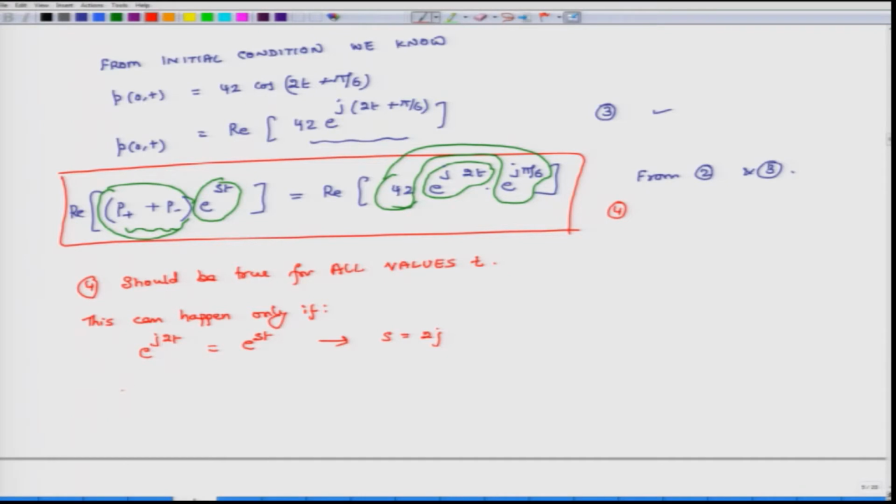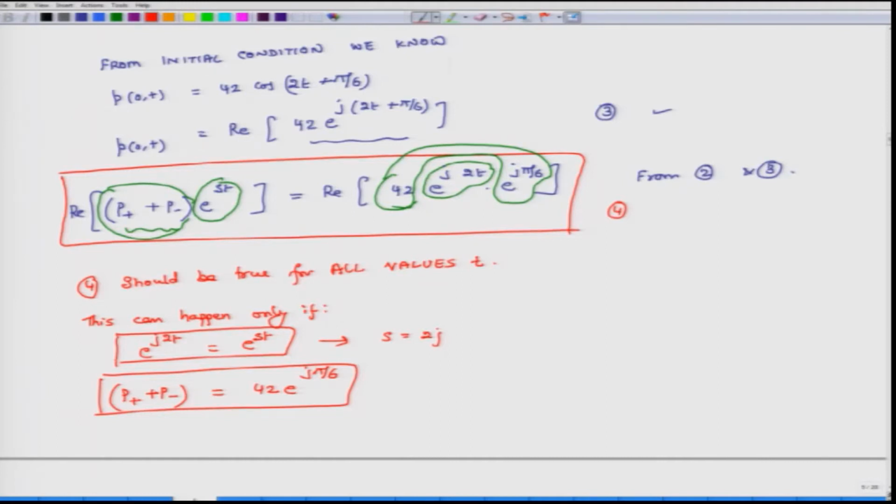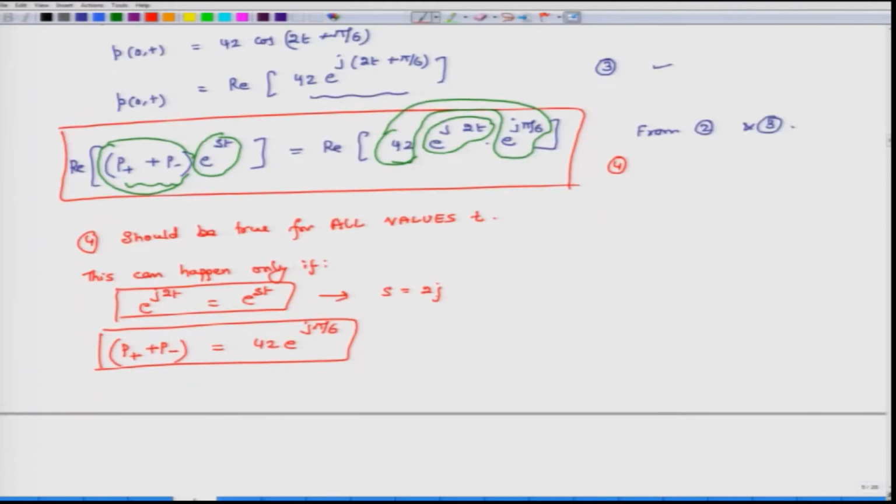And the second thing is that p plus plus p minus is equal to 42 e to the power of j pi over 6. So, we get two relationships. Now I know that s is equal to 2j and p plus plus p minus is equal to 42 times e to the power of j pi over 6.